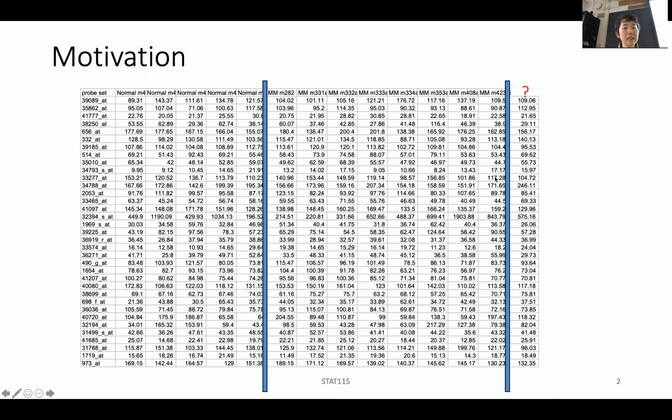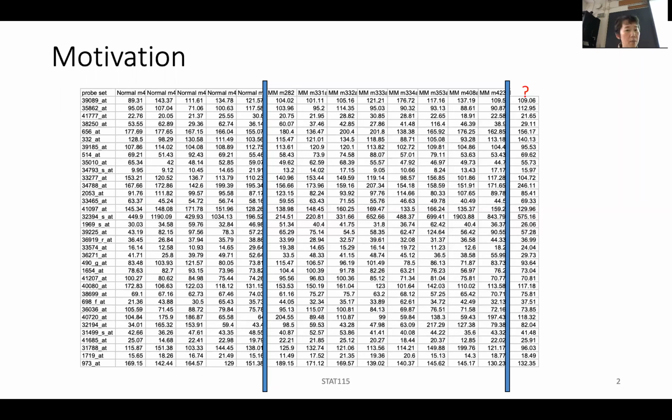So we mentioned in the previous lecture that after you get the expression index, we can look at all the samples across all the different genes. And besides looking at the differential genes between some conditions, say we are interested in samples that are related to a disease.